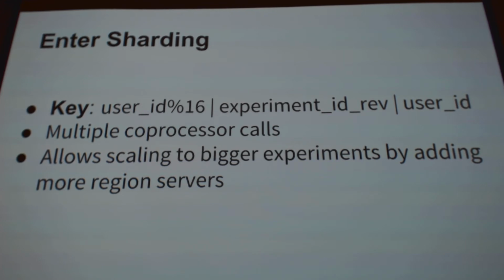What this does is it splits the data for any single experiment into 16 different areas of your whole row key range. Most of the time you'll end up with those on different regions, and you make multiple coprocessor calls for each of these shards, you can call them. And this really allows us to scale to bigger experiments just by adding more region servers.